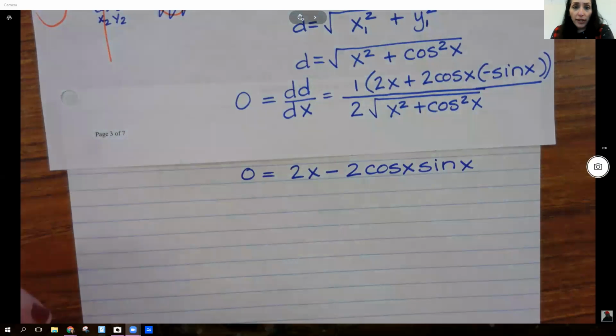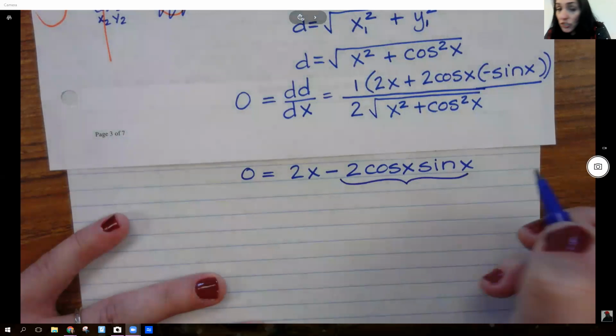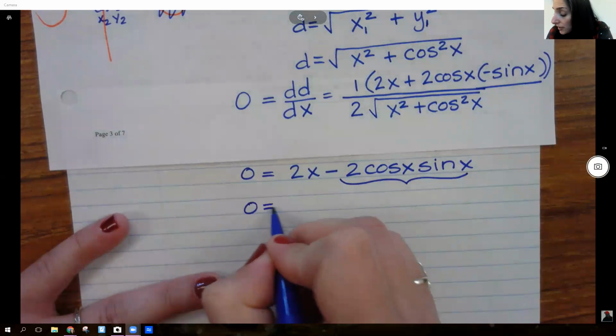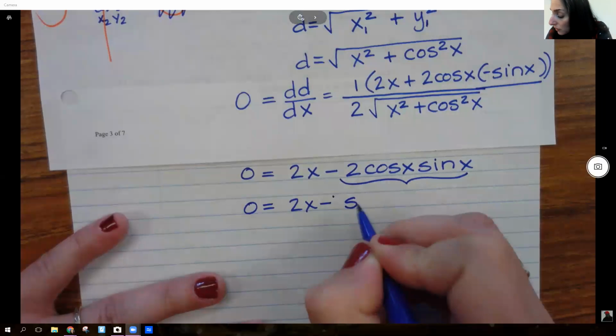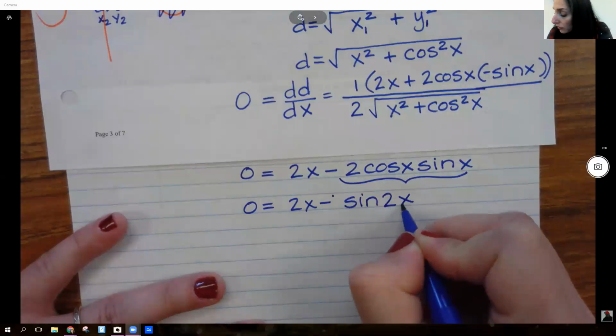Now, some of you might recognize this. I'll bet a lot of you don't recognize it because it often gets missed in your trig and pre-calculus classes. But this right here is actually one of your double angle formulas. So this is 2x minus sine 2x.